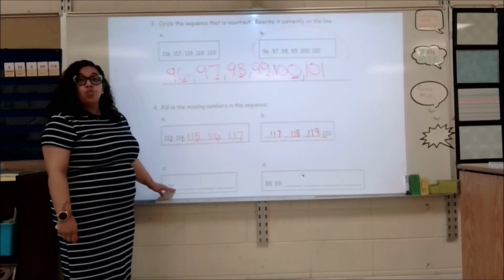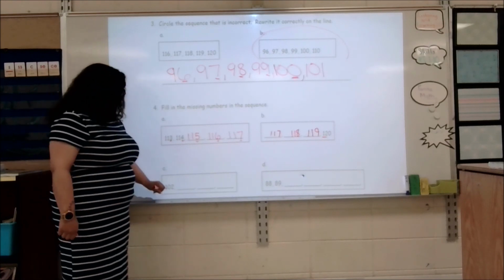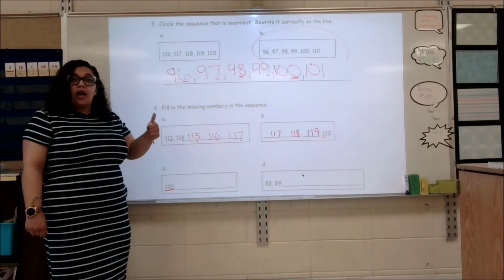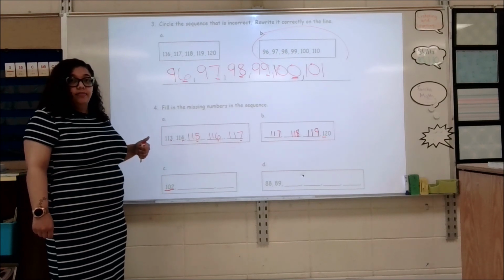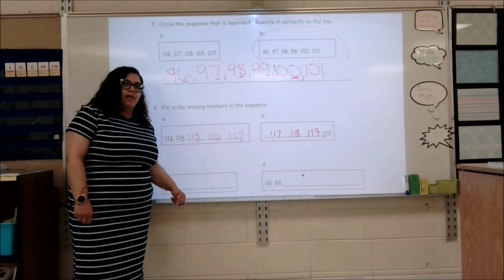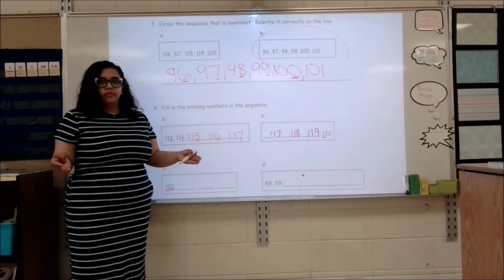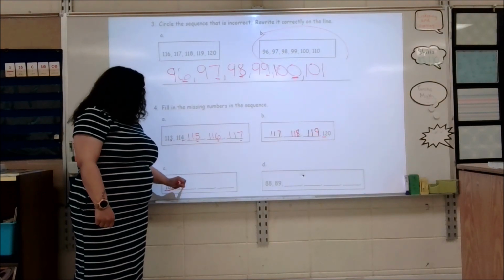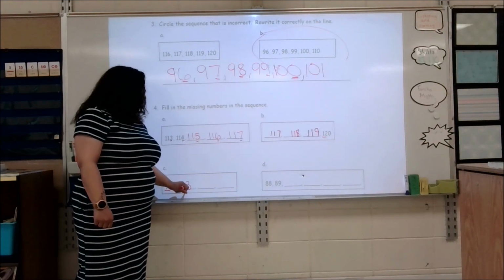Now, let's look at letter C. Letter C is 102, meaning I have 10 tens and 2 ones. If I'm going up by ones, the next number is 103. So 10 tens and 3 ones. Good job.